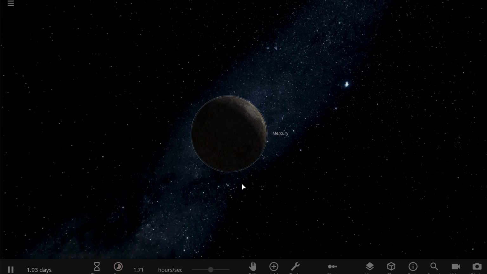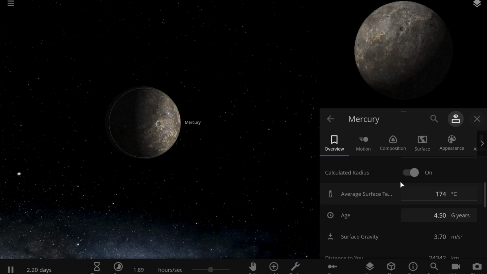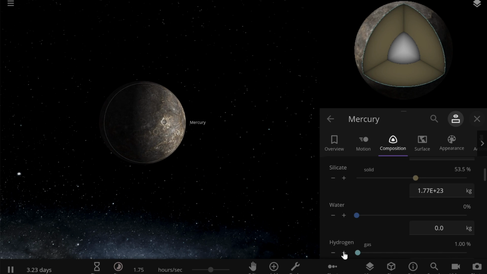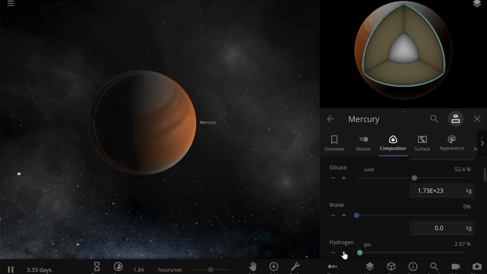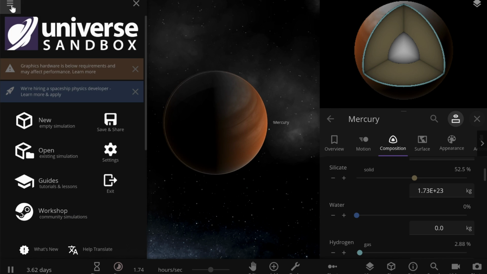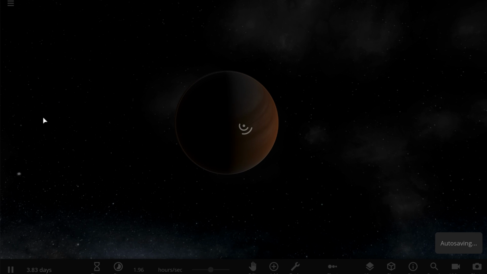Doesn't seem like it's working. I'm gonna have to add this manually. So, go to composition, add some hydrogen. Okay, so as the hydrogen goes up, it will expand, and why is it so hot? Anyway, oh, that's why. Okay, never mind. Well, then I'm gonna have to do this with Jupiter or something.